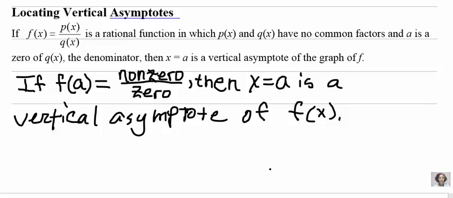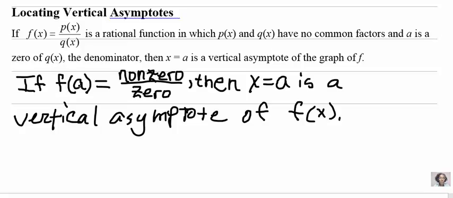When you say it this way, then you're dealing with this fact that the numerator and denominator have no common factors, and a is a zero of q of x.